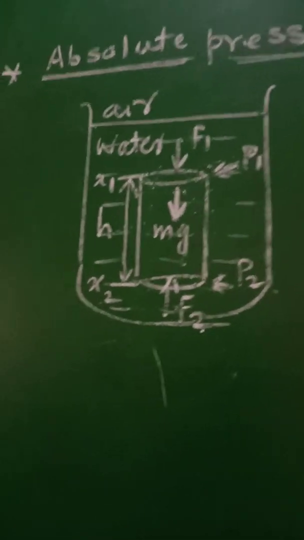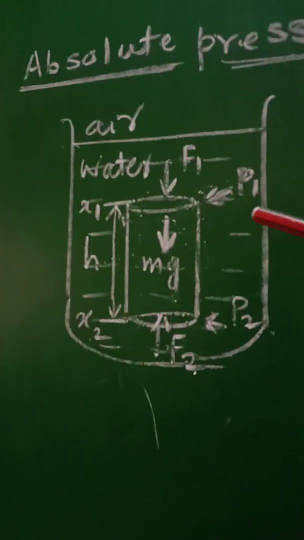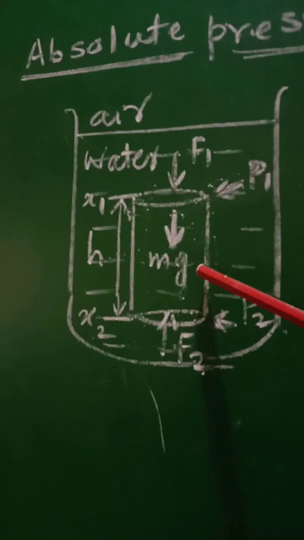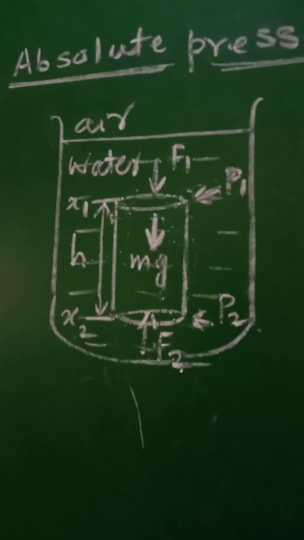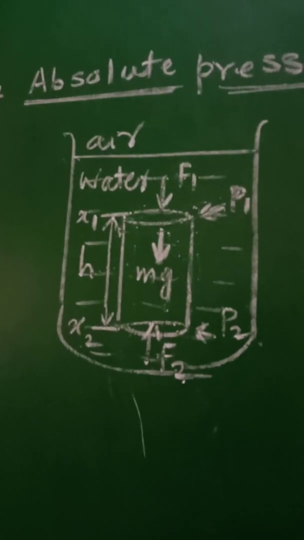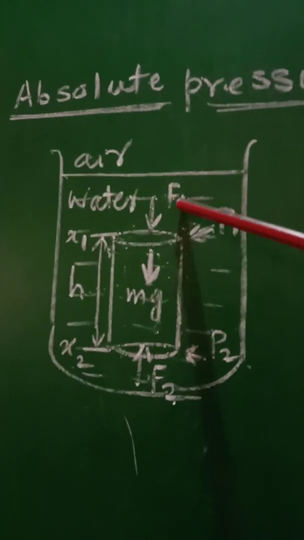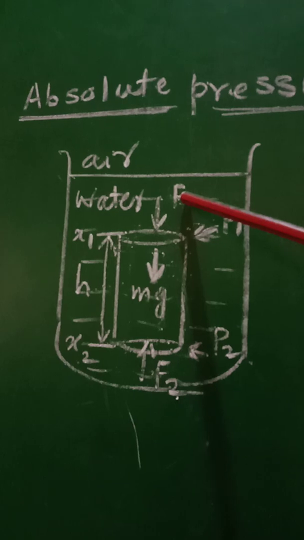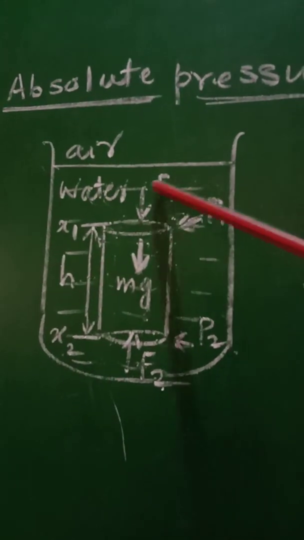Now when this liquid column is created there, at that time it will be acted upon by different forces like F1, mg and F2. So F1 is the force acting in the downward direction due to the liquid above this liquid column. So above this liquid column there is this liquid.